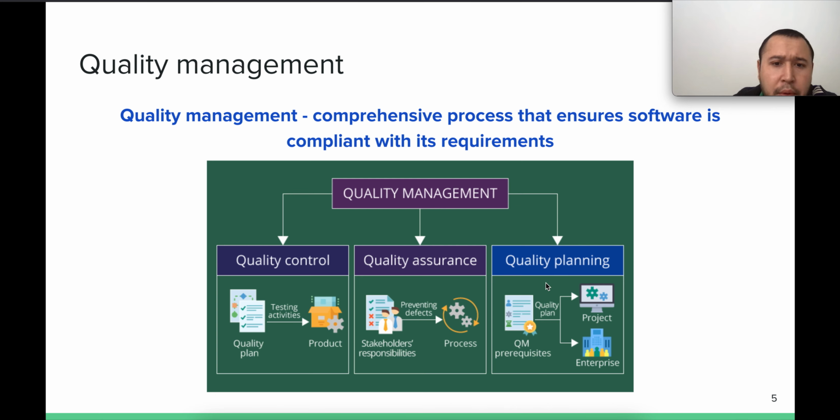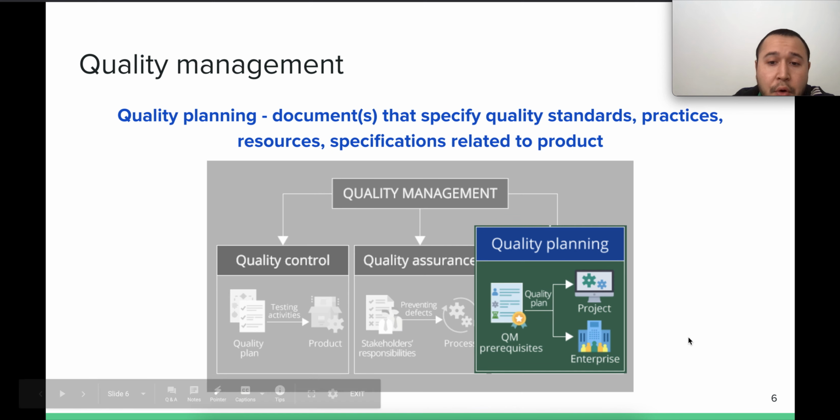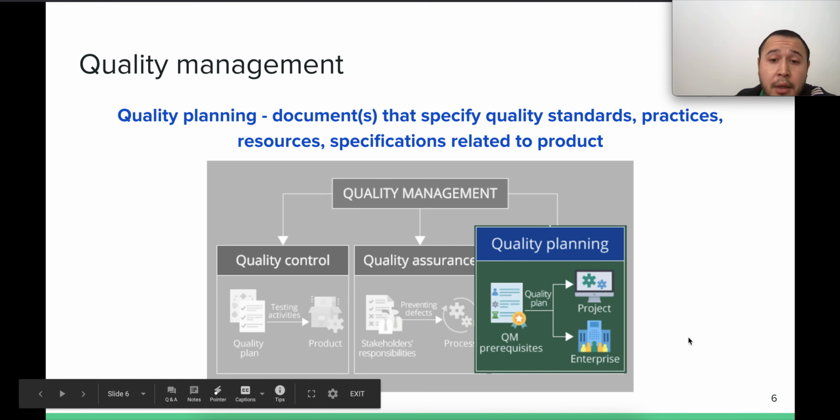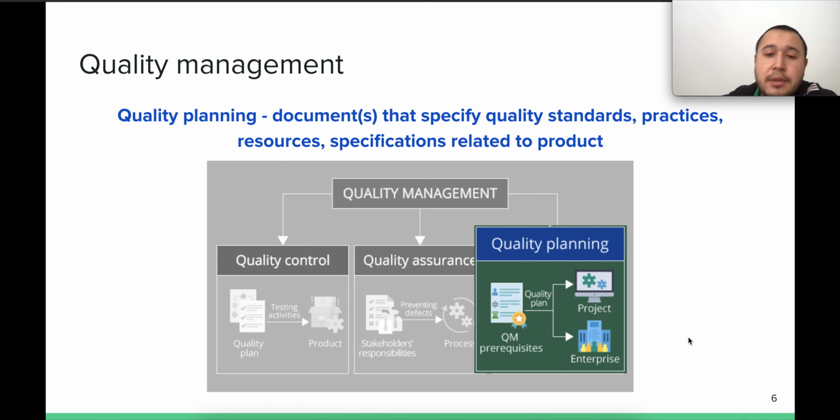We're not going to spend a lot of time on the unnecessary phases, so now let's focus on quality planning. Quality planning is a document, or several documents, that specify quality standards, resources, and specifications related to a software product, service, or project. So we can say that quality planning is a map of quality management.